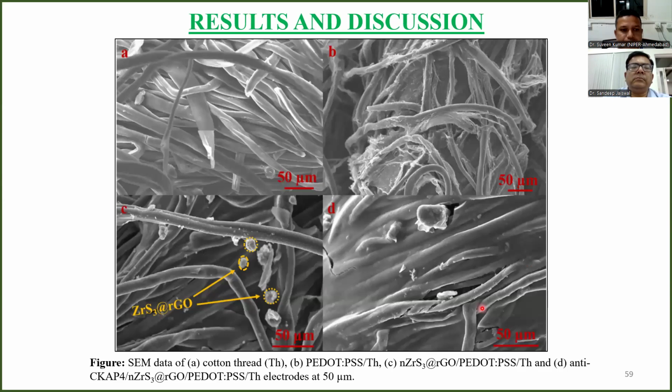After this, we also did a scanning electron microscopy study of the cotton thread we took initially. Another is the PEDOT:PSS modified thread, which is conducting in nature, due to which our electrode becomes conducting. This one is the optimized concentration of zirconium trisulfide reduced graphene oxide in the PEDOT:PSS on the thread electrode, and this one is after immobilization of the bioreceptor, anti-CKP4.